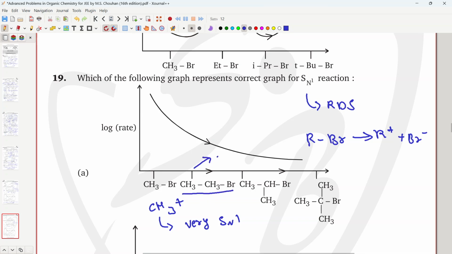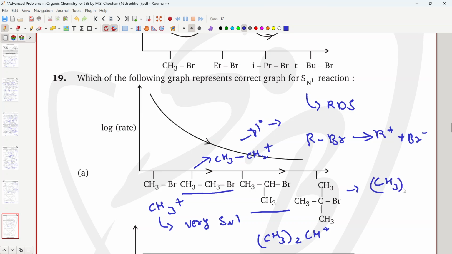Now for this, it will be CH3CH2 plus, primary, but still very unstable. For this also CH3CH plus, secondary, much more stable. And for this, tertiary carbocation, most stable and fastest for SN1.